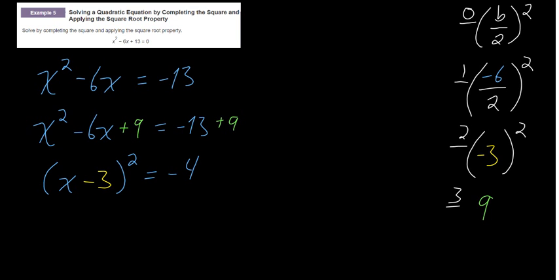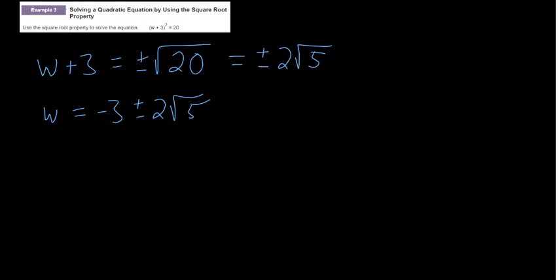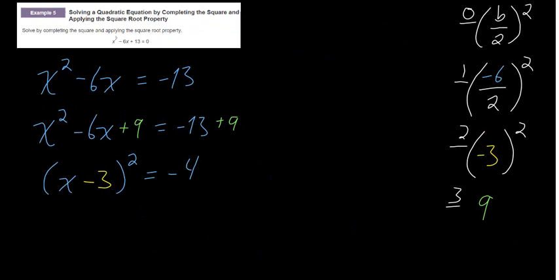So now this particular problem is set up like example 3. We have a binomial squared is equal to some number, and so it becomes pretty easy.